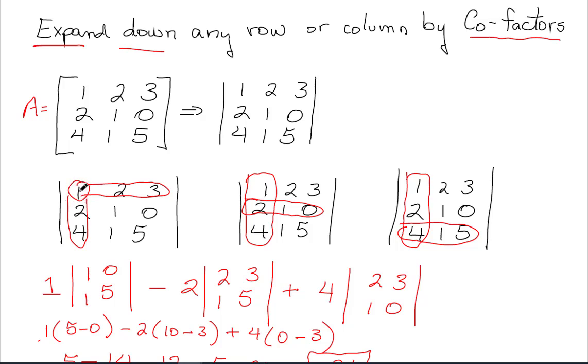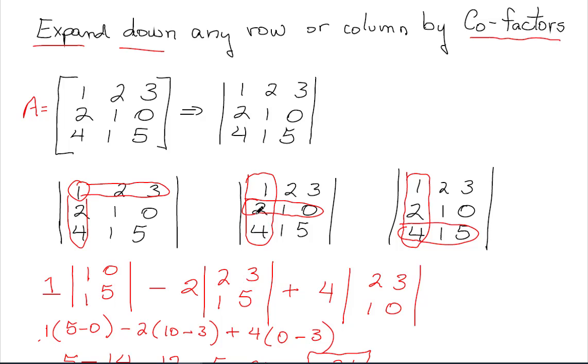You cover up the column it's in, the row it's in, and you get this 2 by 2 cofactor. The positional sign for A11 is positive 1, so I get a 1 times this 2 by 2 matrix.